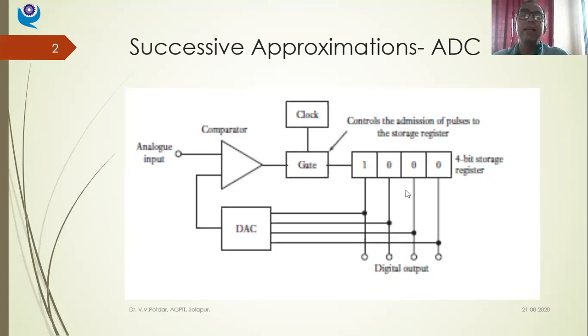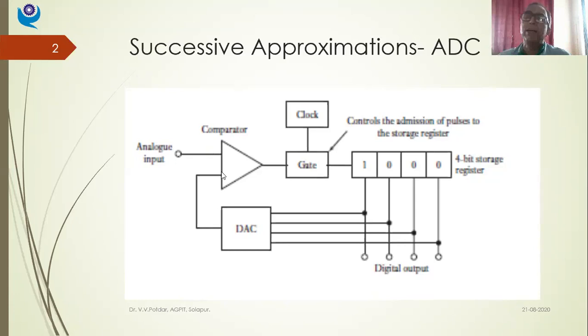As I said, if I want to measure a voltage of 8 volts, what will I be doing? I'll be starting off with the clock frequency and the digital binary number which corresponds to a voltage of 7.5 volts. Okay, so that 7.5 volt analog signal will be compared with my 8 volt input signal, right?